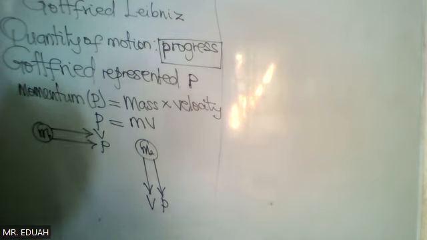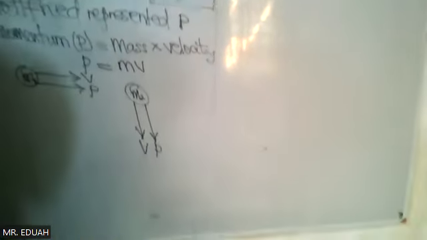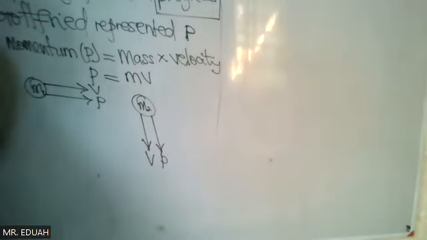What it therefore means is that a stationary body has zero momentum, because momentum is a product of mass and velocity of a body. So if a body is stationary, it has zero velocity, and so its momentum is zero.